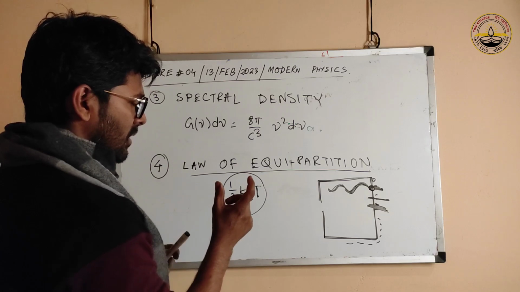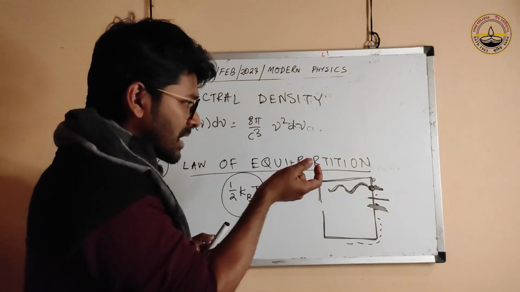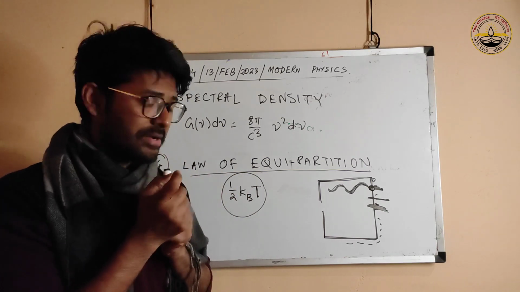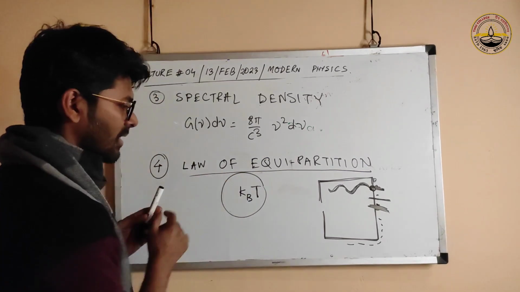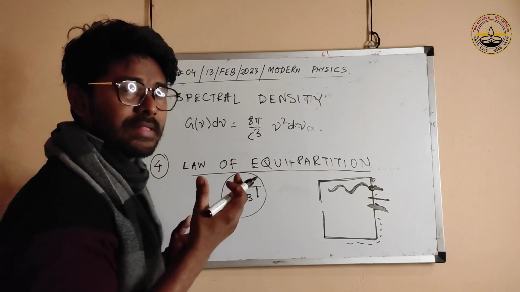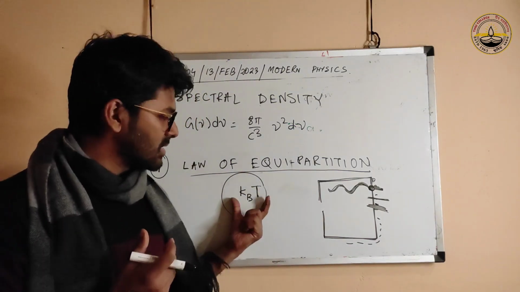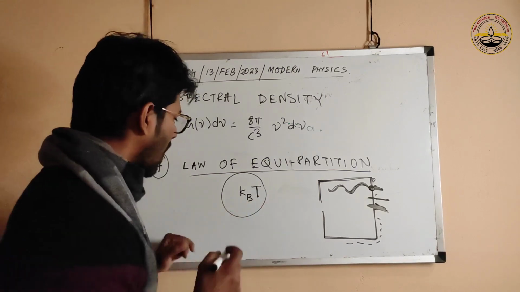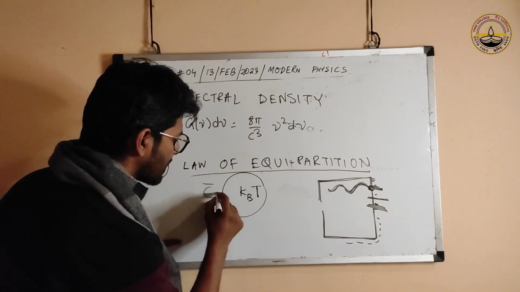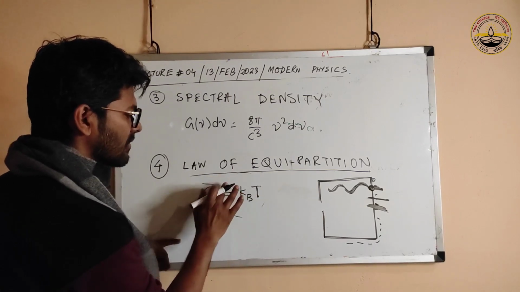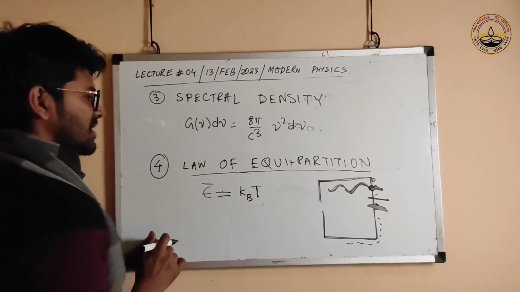Therefore, the energy per oscillator that is actually generating these waves is kBT. And therefore, the average energy per standing wave is exactly kBT. So our epsilon bar, that is energy per standing wave, becomes kBT.